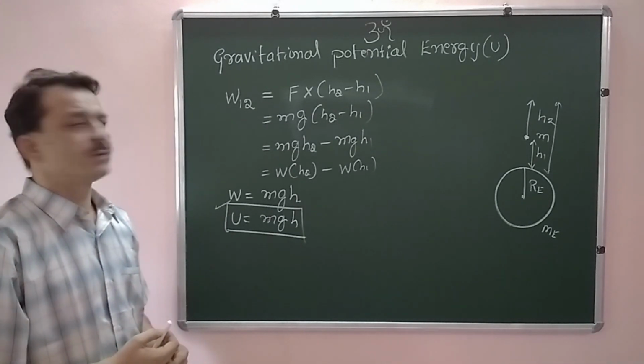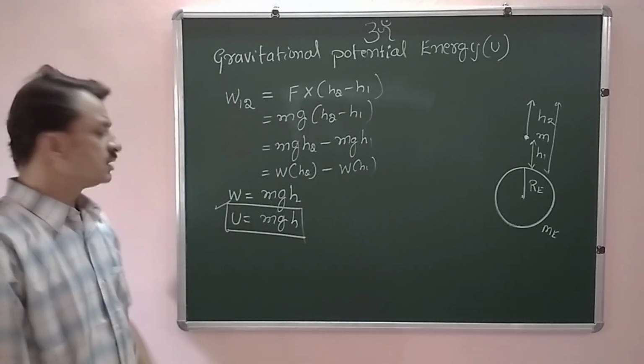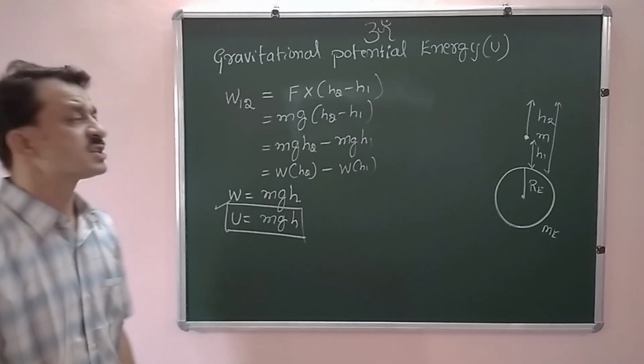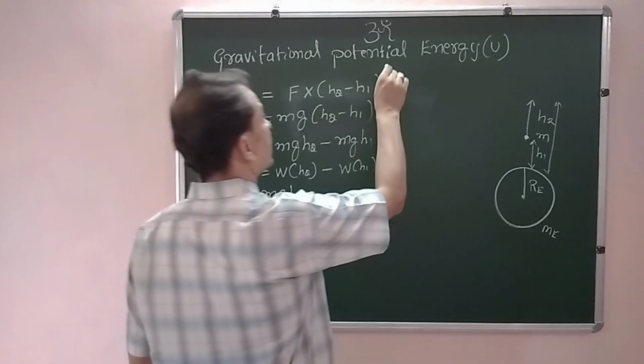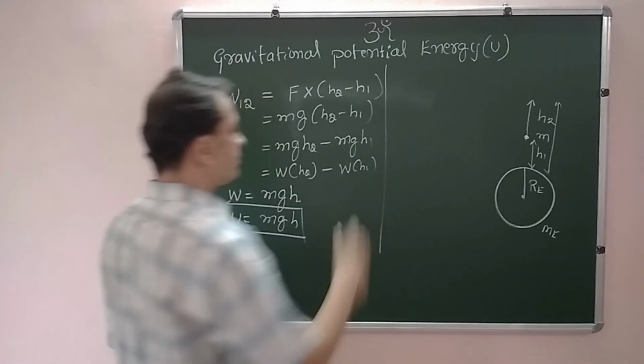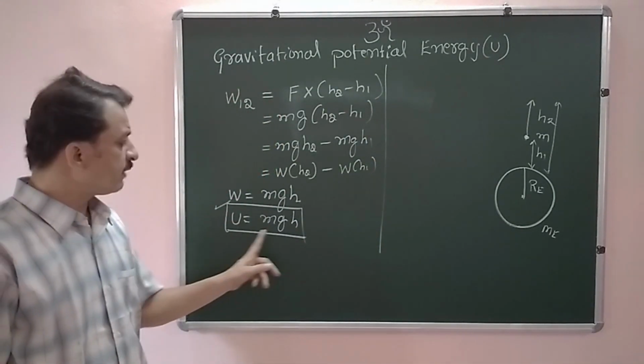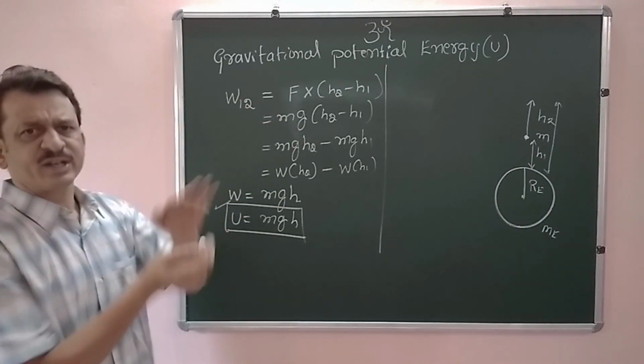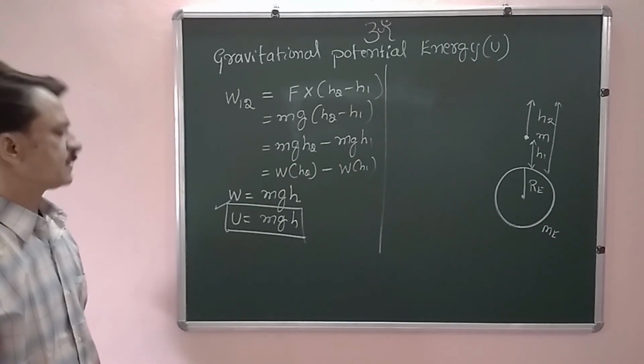If we move above the surface of the earth, the g value goes on changing, therefore potential energy is not a constant. There is one method of finding the gravitational potential energy, which is used only when g is taken as constant, that is, the object is very near to the Earth's surface.